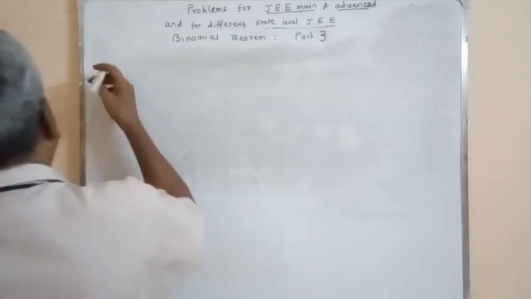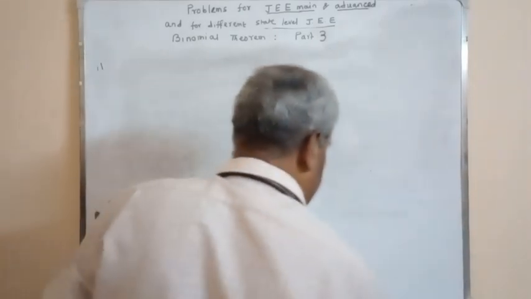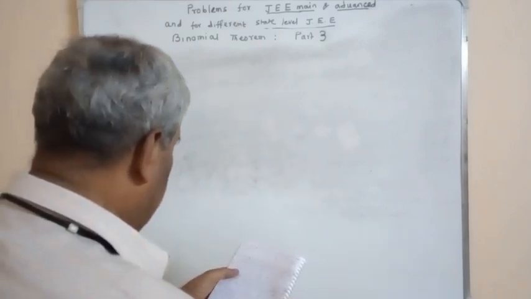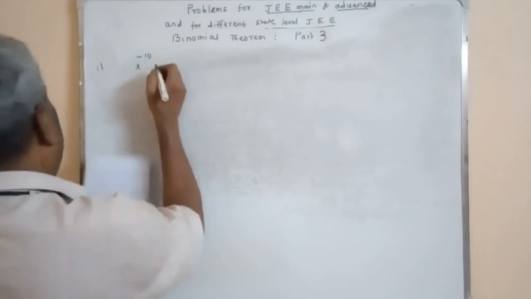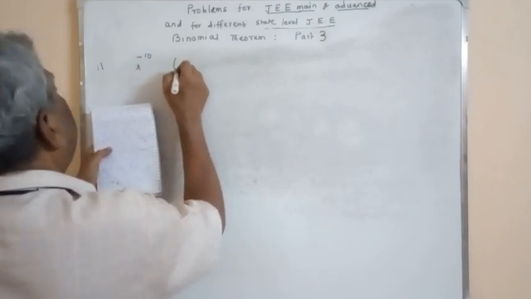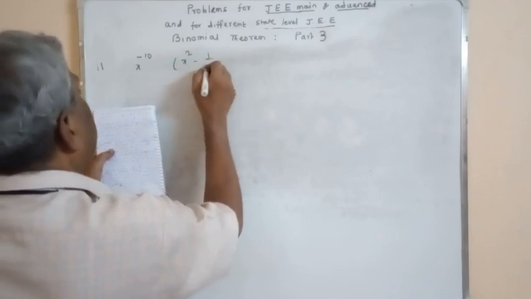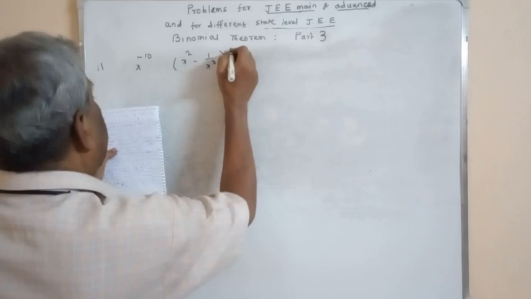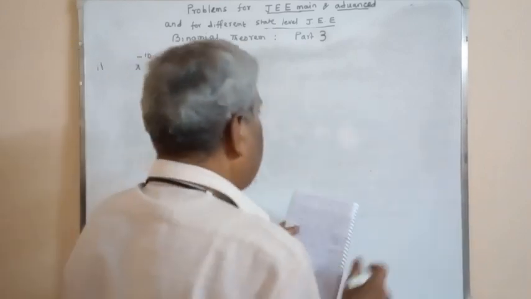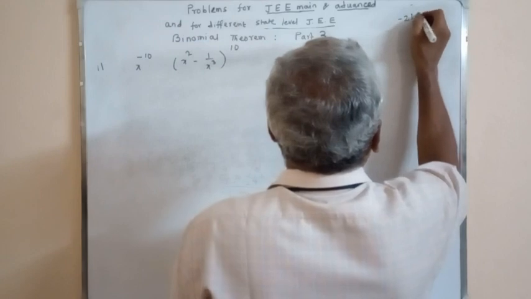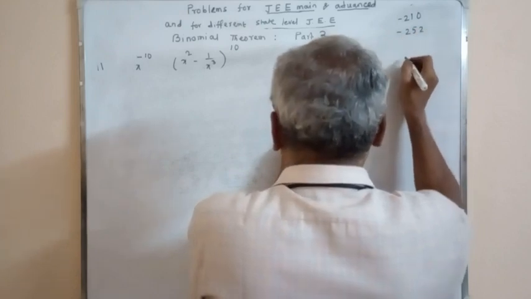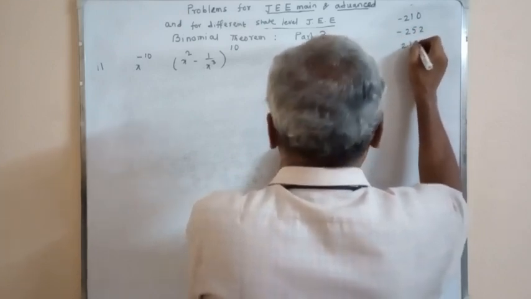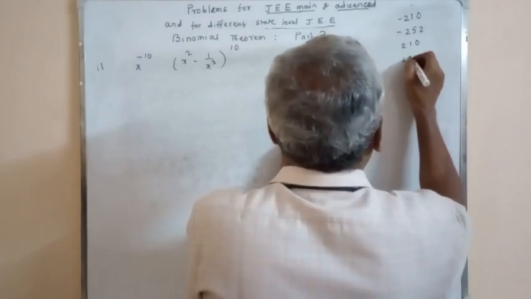Problem number 11 is: the coefficient of x to the power minus 10 in (x square minus 1 by x cube) whole to the power 10 is, options: minus 210, minus 252, 210 and 610.